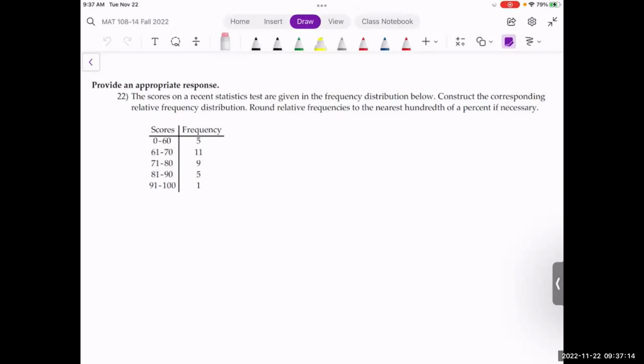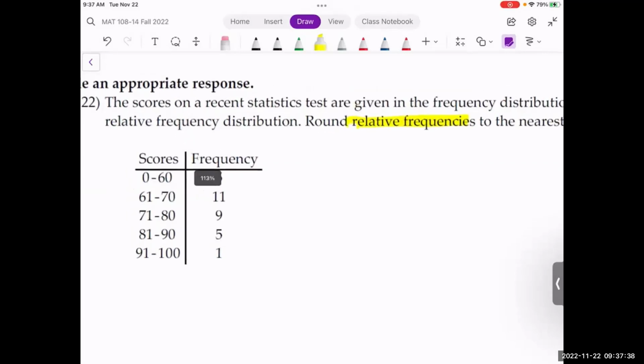Okay, question number 22, guys. So what we want to do here, they're asking you about the relative frequencies, right? Do you remember how to get the relative frequencies? Midpoint? No. So relative frequency is basically probability.